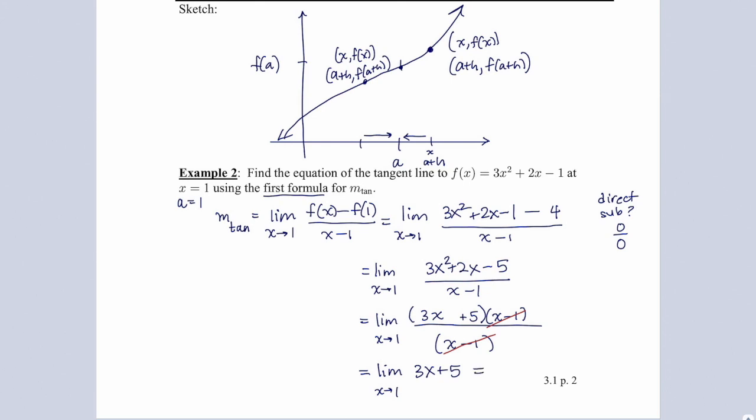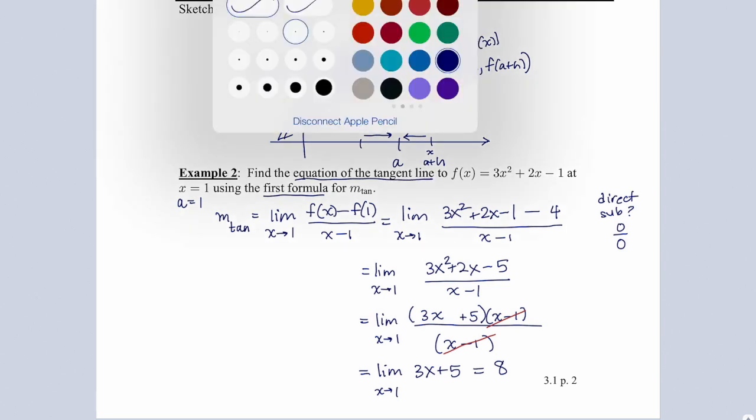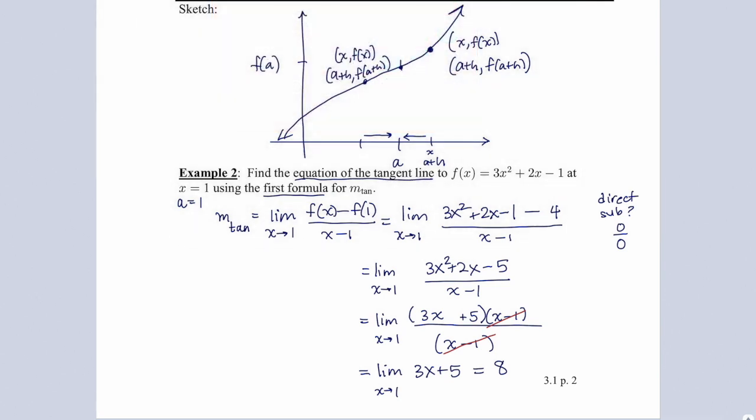So we're finding that this limit is 3 plus 5, that's 8. So they were asking us to find actually not just the slope of the tangent line, but the equation of the tangent line. So what we want to remember is, so far, what we computed would be the slope of the tangent line.